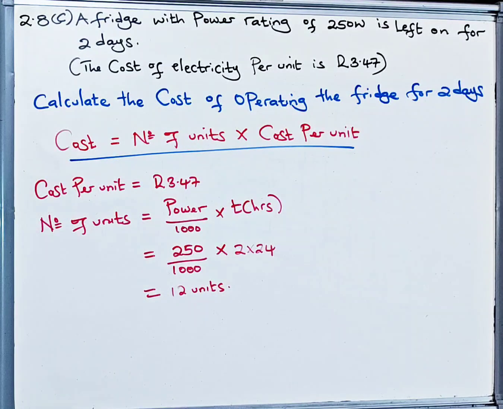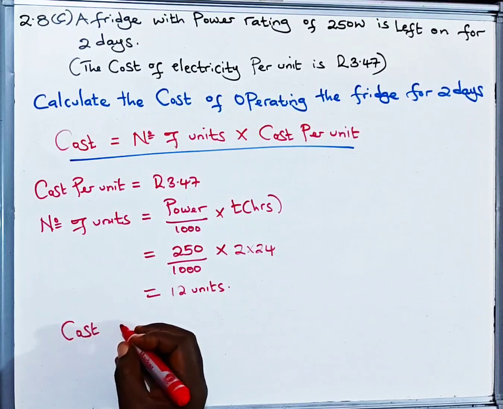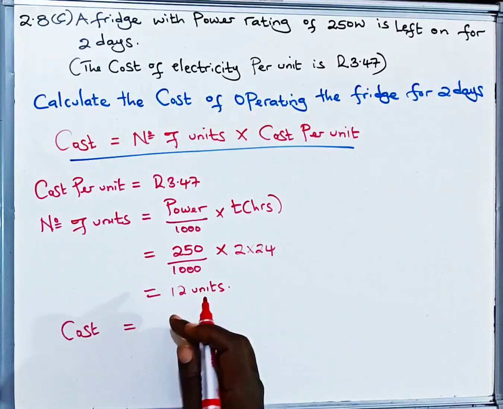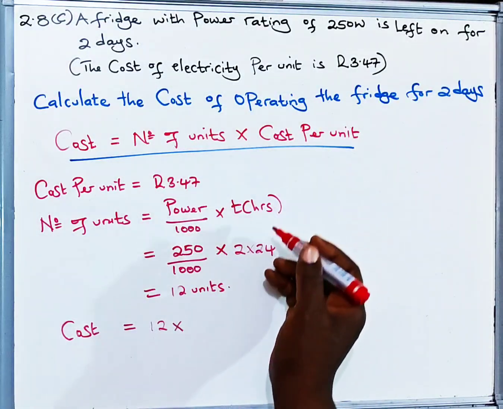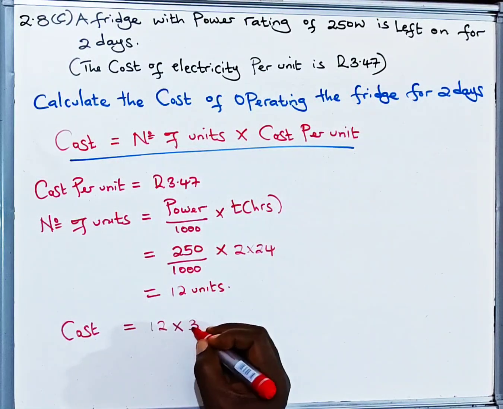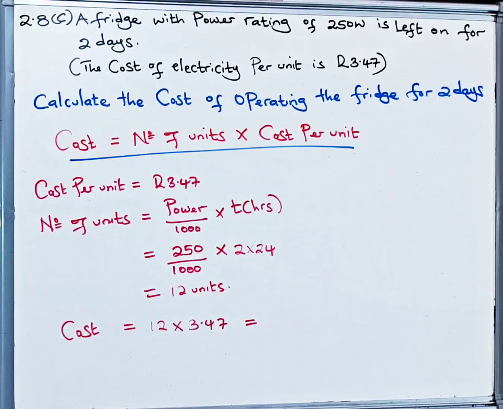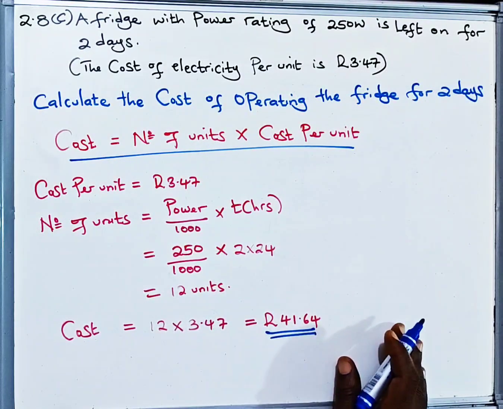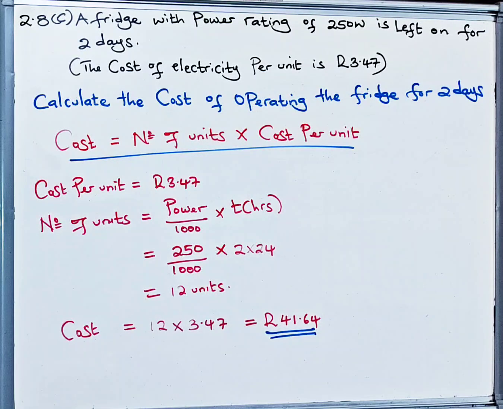Okay, the equation says cost, which we are trying to find, is equal to number of units, which we have here, and there are 12 units, times cost per unit, which is 3.47, giving us 41 rand 64 cents.